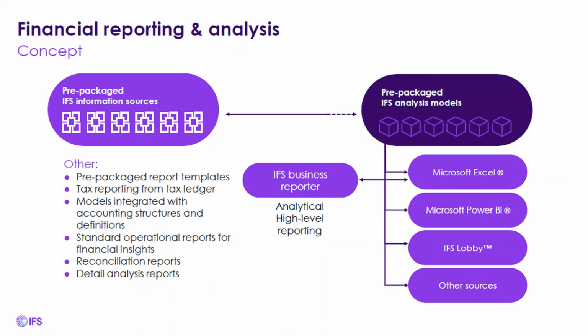We also have order reports where we can see PDF-type reports. And we also have tax reporting and tax ledger. So many things we have. We can see the reconciliation report. We have account matchings.